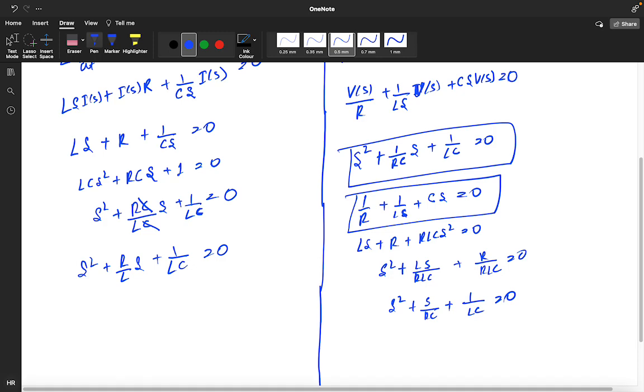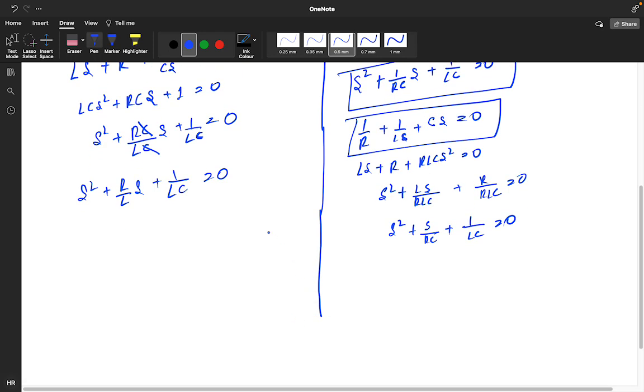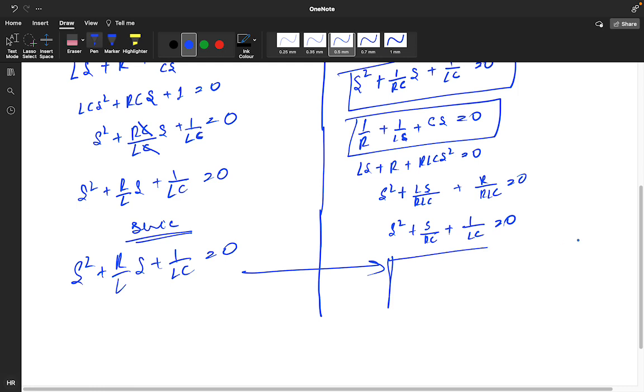So if you have S square plus R by L S plus 1 by LC equal to 0, from here to here you can move directly. If this is my series network and I want the result for my parallel network, the S term and the constant term remain the same. It's a case of duality.